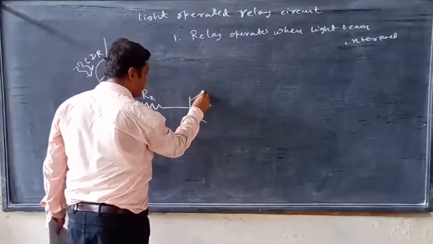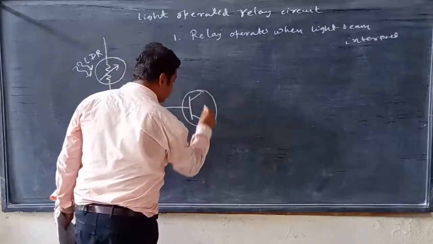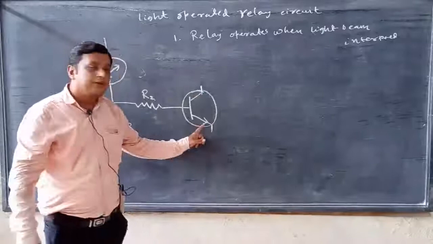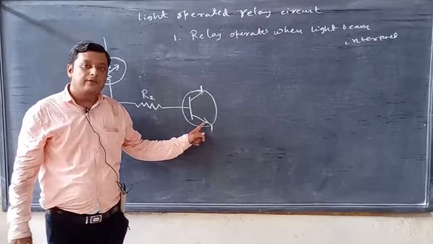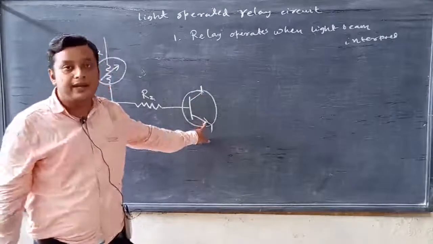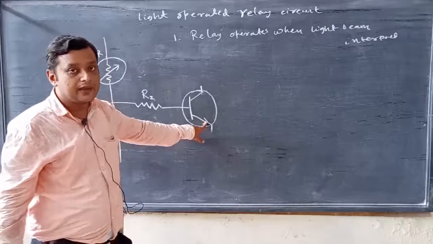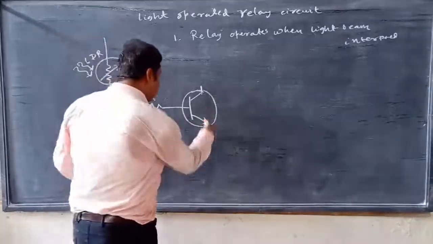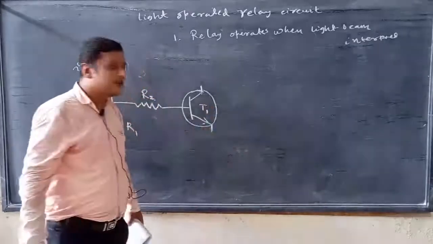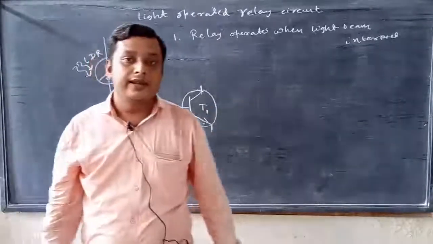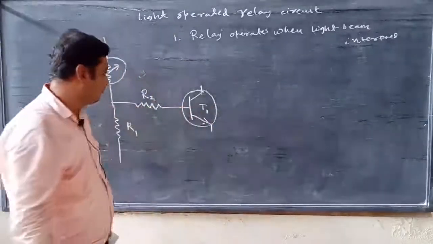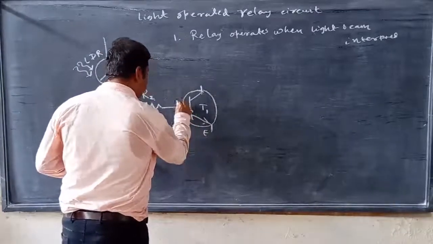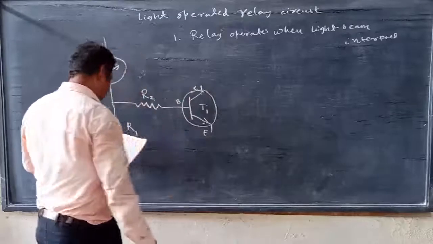So I am going to draw this transistor. This arrow is an outward arrow, so this is an NPN transistor. This transistor is represented by transistor T1. So this will be the emitter, base and collector.